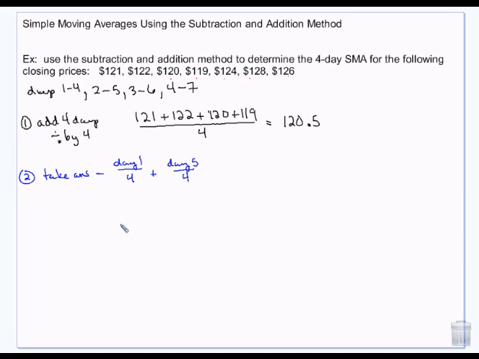So I'm taking out day 1 and I'm putting day 5 in that way. So what I will get is I will get 120.5 minus, well, I'm going to take the answer and I'm going to take out day 1, so that's 121 over 4, and then plus day 5, so 1, 2, 3, 4, 5, 124 divided by 4.